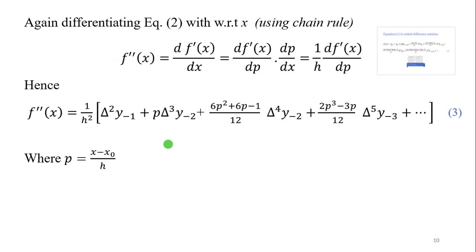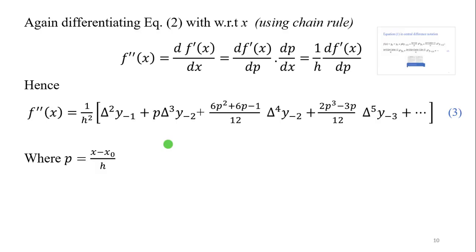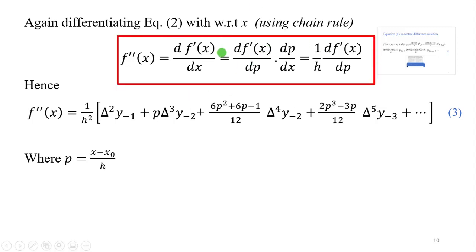To find the second order derivative, we will differentiate equation 2 again with respect to x, and to differentiate this with respect to x, first we will again use the chain rule. First we will differentiate the function f prime with respect to p, and then we will differentiate p with respect to x, and again we have the value dp by dx equal to 1 by h.